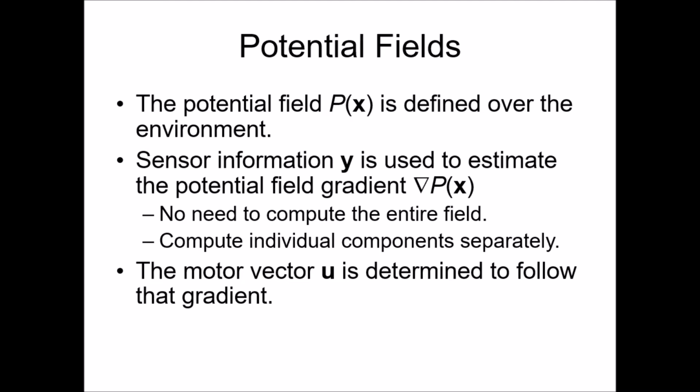We just need to rely on the sensor information. Let's say you have a laser rangefinder with 250 degrees of field of view. You just need to get the reading from the 250 degrees, so you don't have to compute everything for the entire field.